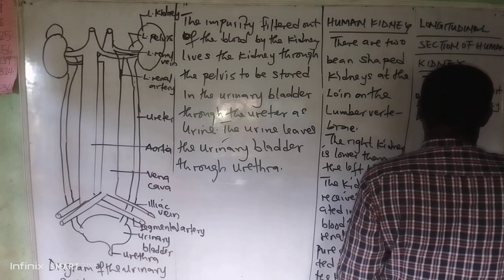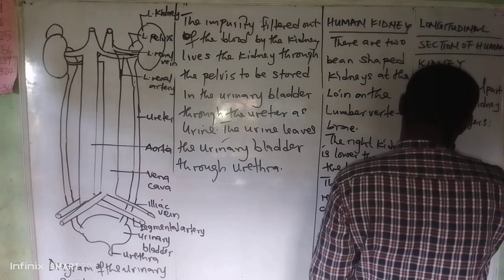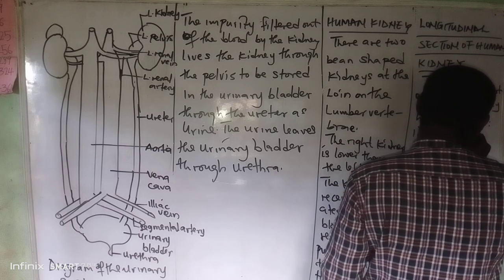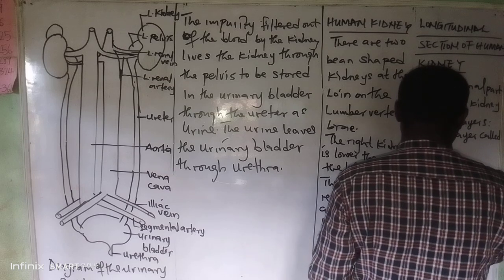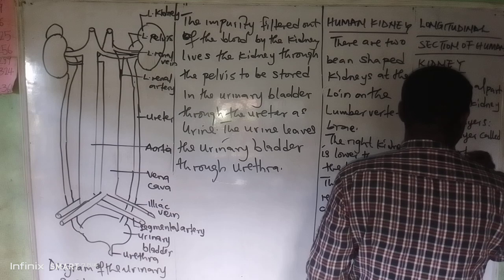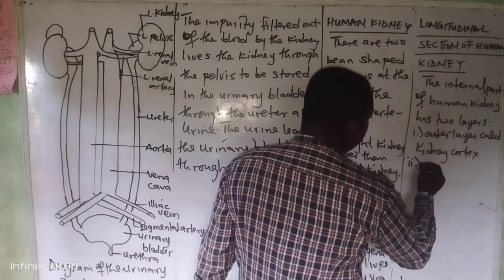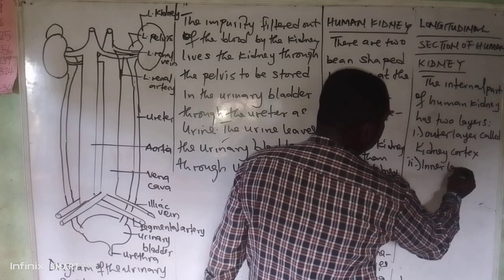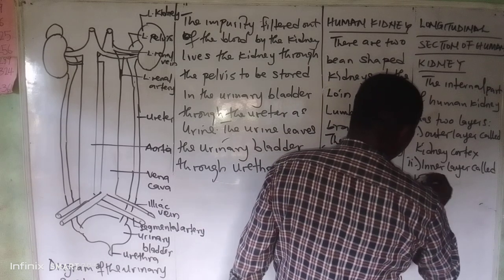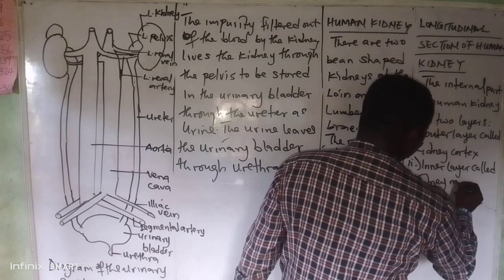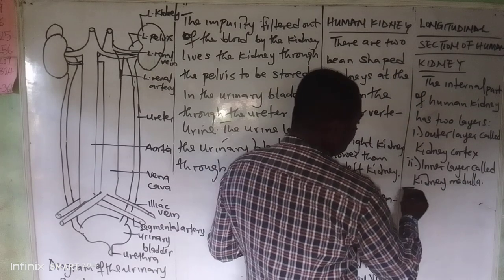has two layers. The first one, the outer layer, is called the kidney cortex. The outer layer is called the kidney cortex, and the inner layer is called the kidney medulla. Kidney medulla. And take note of one thing.